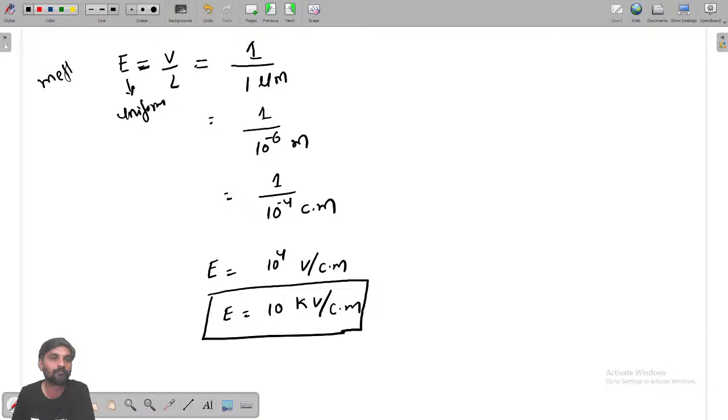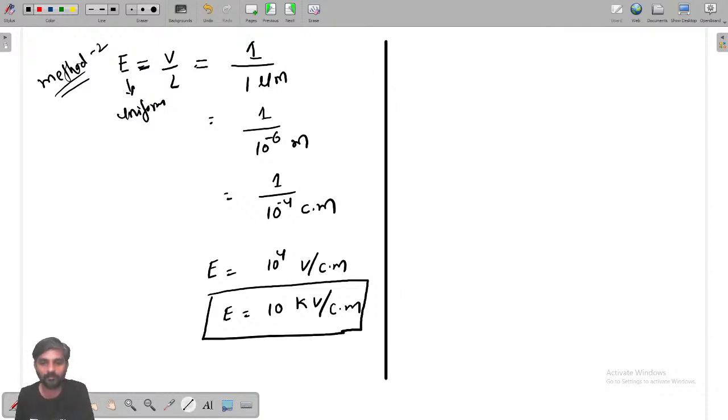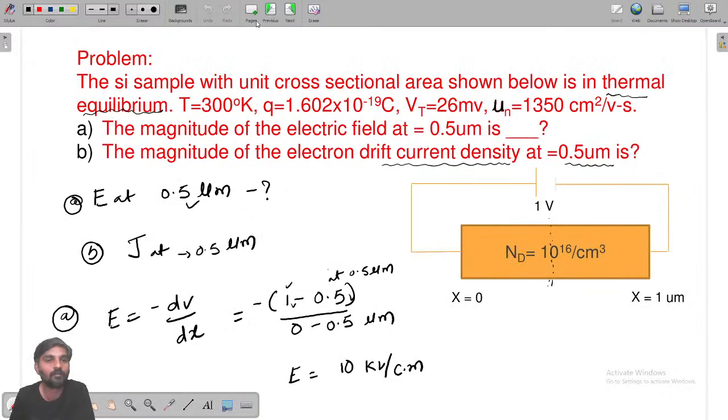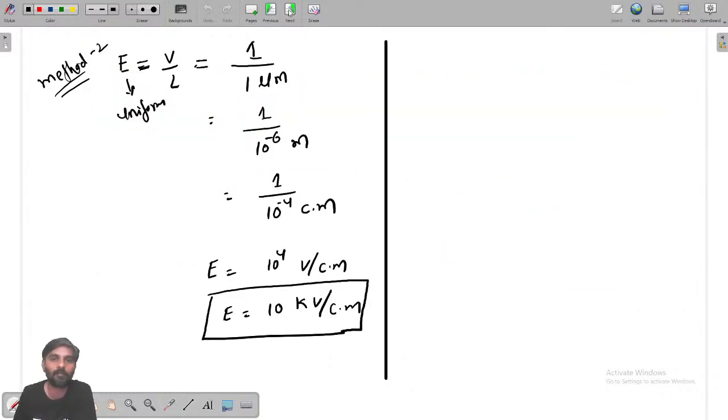This is method 2. Then he's asking for the magnitude of electron drift current density.